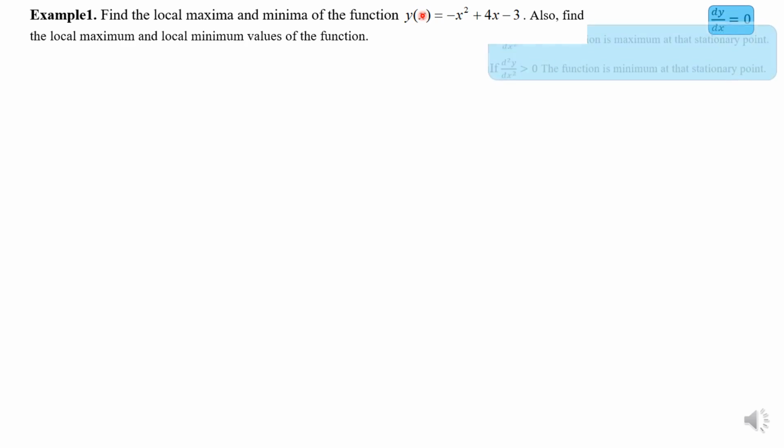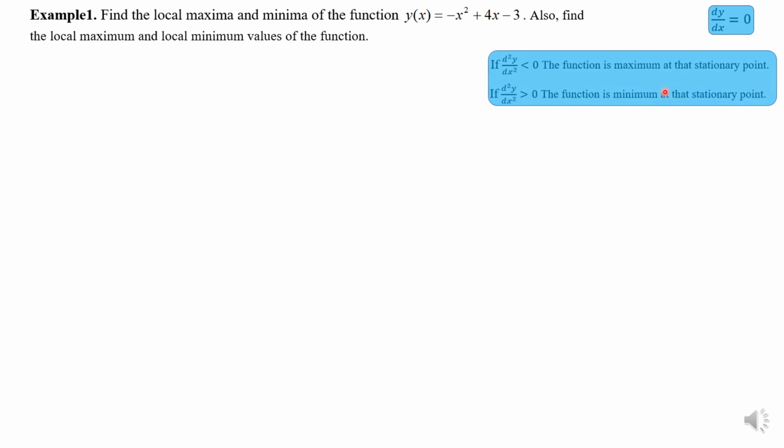The differentiation is 0, and the second condition identifies whether it is maxima or minima. The first condition is just to find the point where it is either maximum or minimum. To precisely know whether it is maxima or minima, you need the second order derivative. Let me differentiate the function, make it equal to 0, and solve it for x.